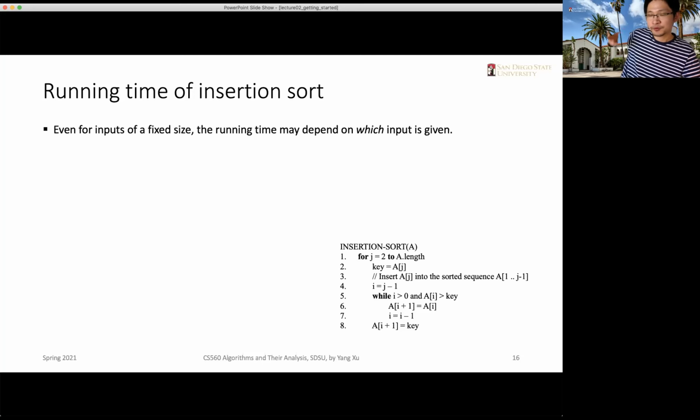So let's think about the best case for the insert and sort. Well, for a sorting algorithm, the best case is that it's already sorted, right? We don't need to do a lot of work.